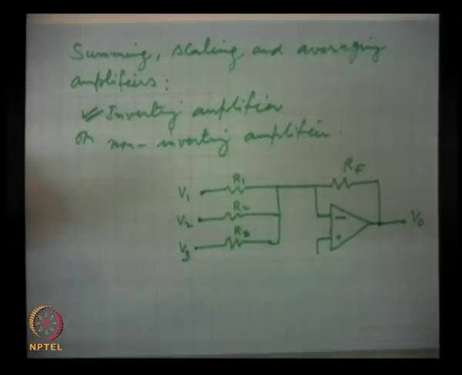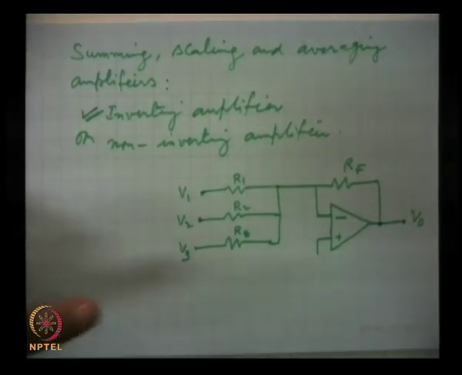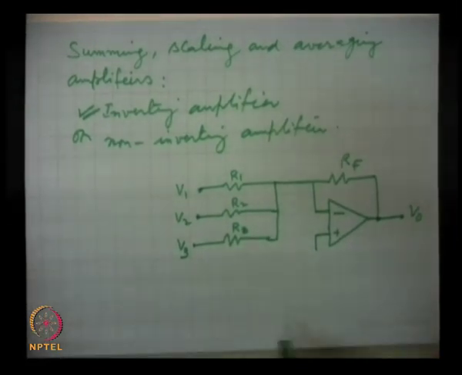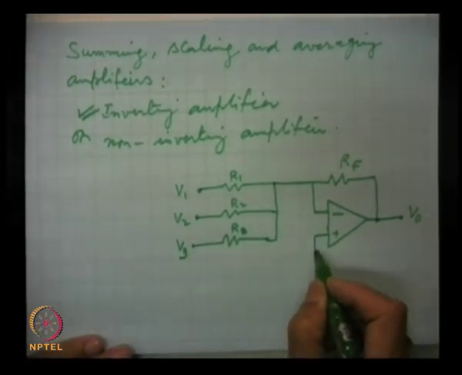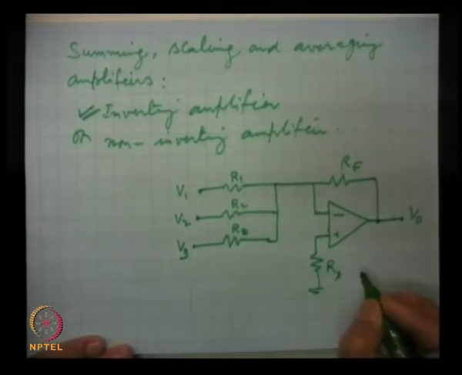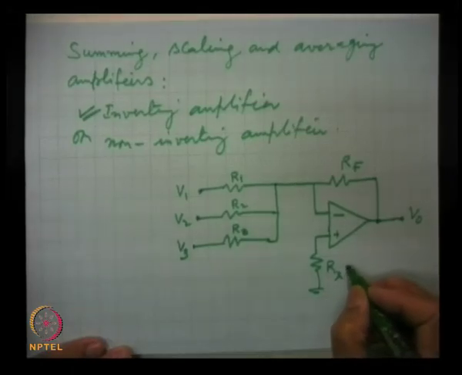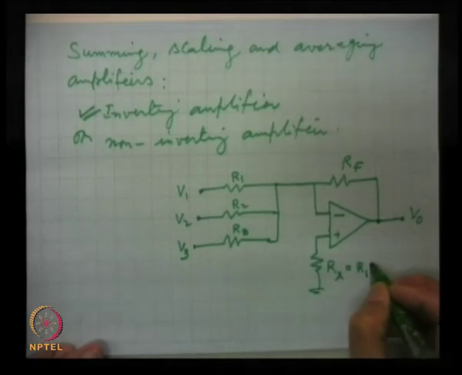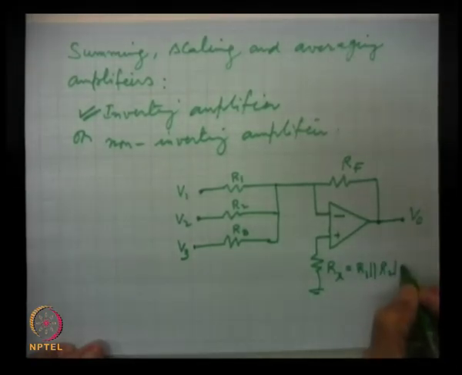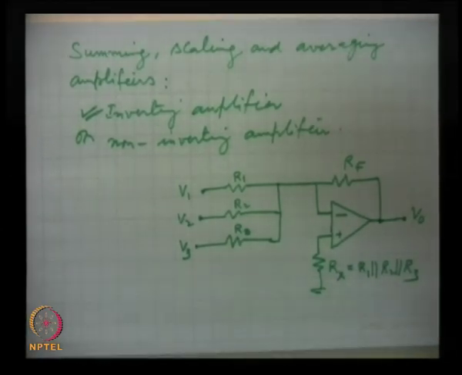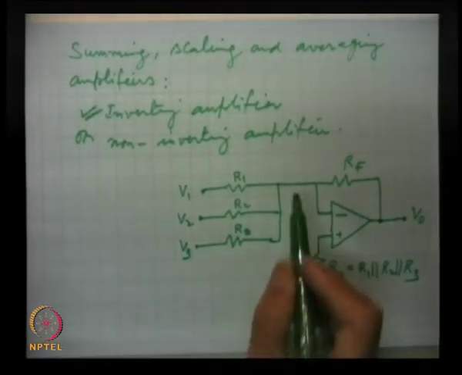Instead of directly connecting to ground, it has been shown that if we connect a resistance Rx here, which is roughly equal to the parallel combination of all these resistances R1, R2, R3, it works better.